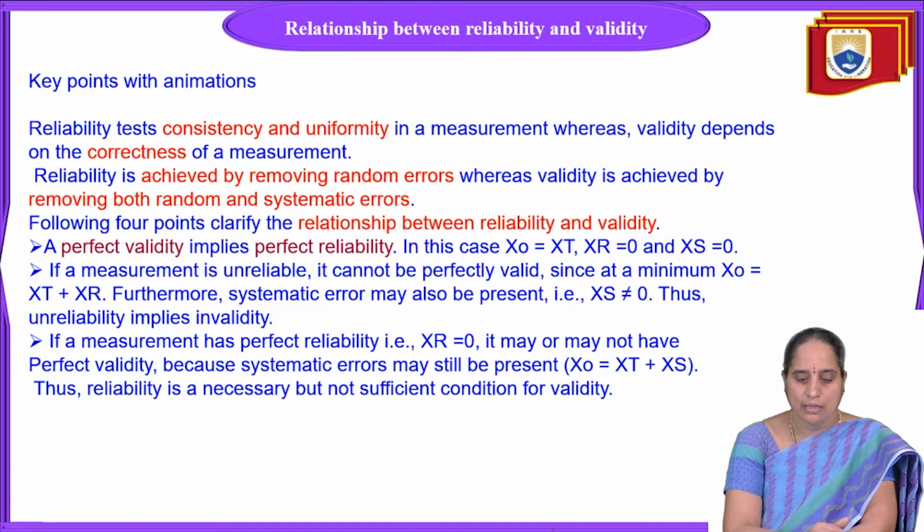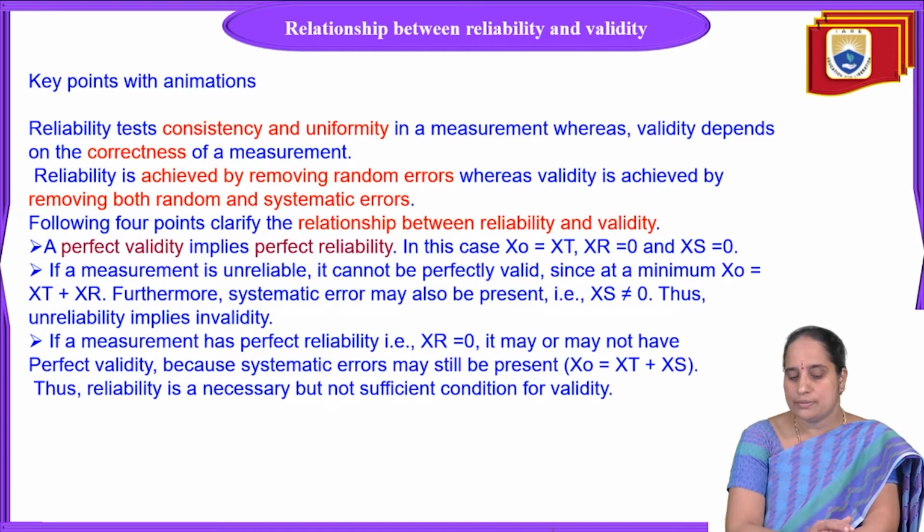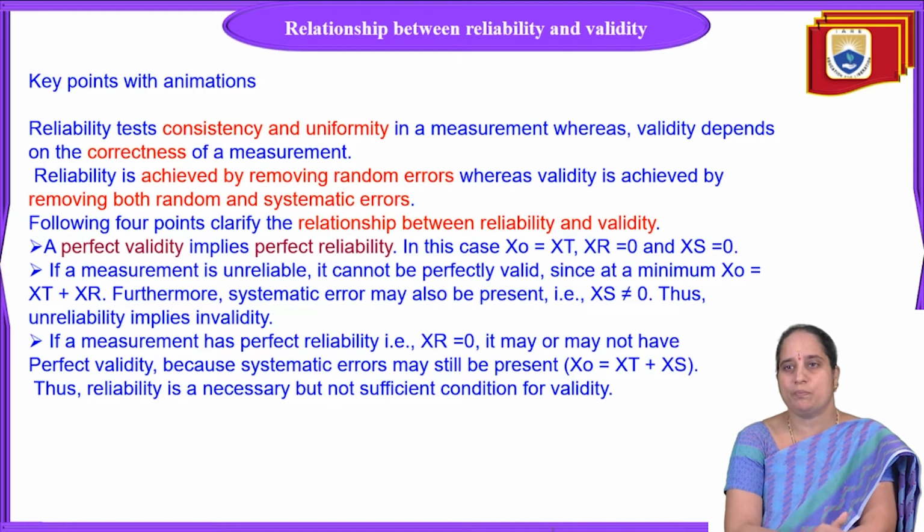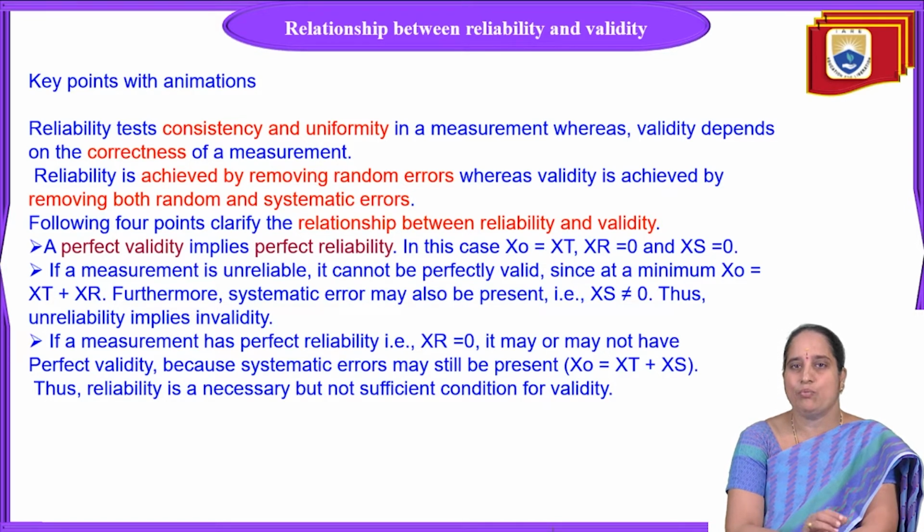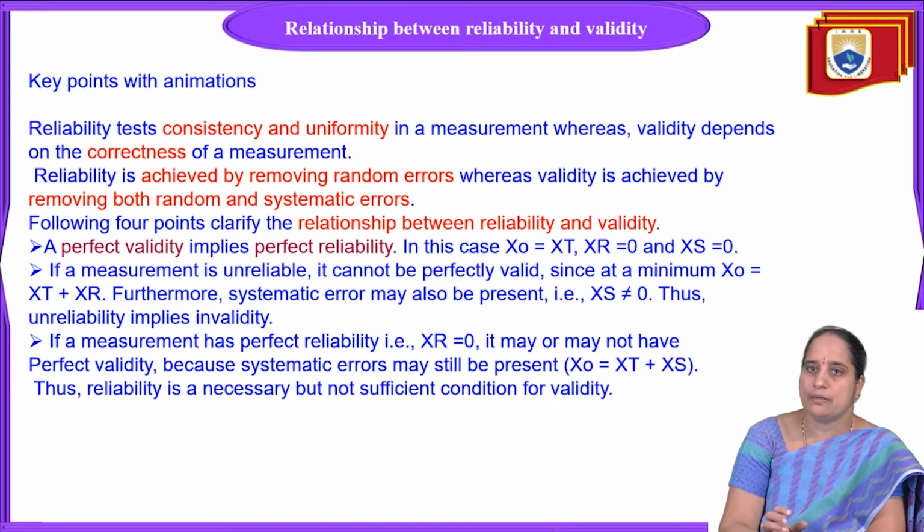Thus unreliability implies invalidity. It's not a valid measurement. Why? Because there exists random error. Furthermore, systematic error may also be present. Thus, unreliability implies invalidity.